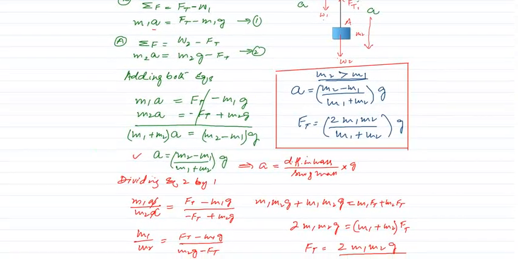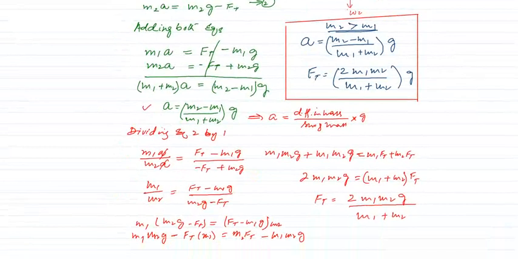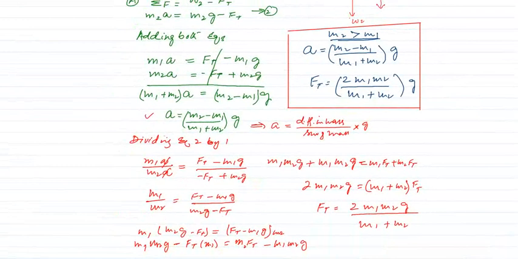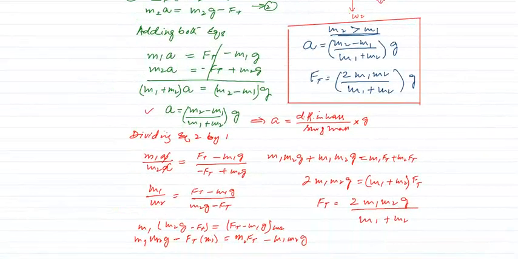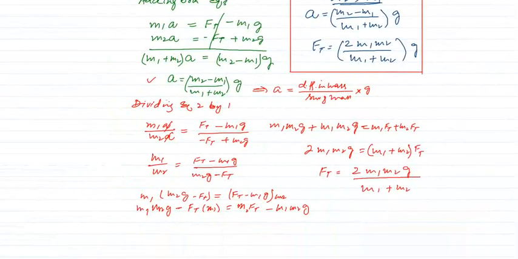In a similar way, we can say the difference in mass over the sum of mass times g is the acceleration, right? Now if we divide equation 1 by equation 2, the situation will be m1a over m2a equals ft minus m1g divided by minus ft plus m2g. So a will be cancelled out: m1 over m2 equals ft minus m1g over m2g minus ft.